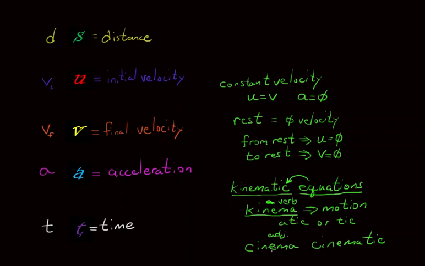Whenever you wanted to go to a movie, we changed this verb into a noun and called it a cinema. That's exactly the same word, and you can now see the similarities. It's moving pictures, and this is moving objects.